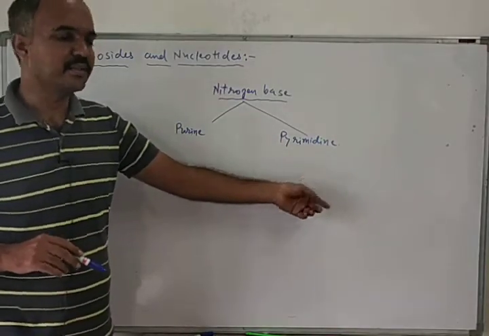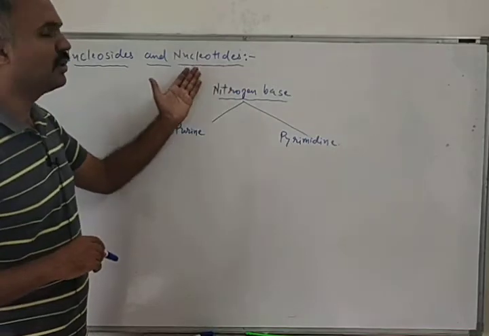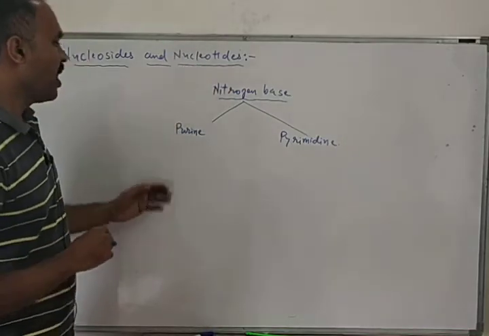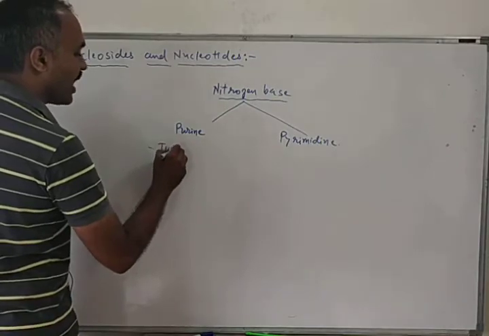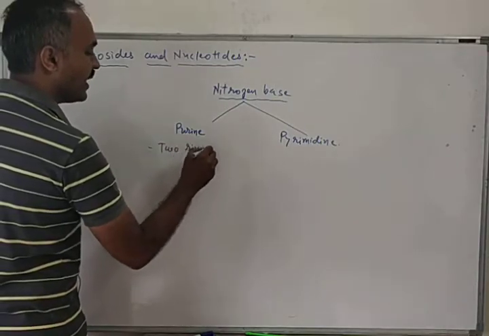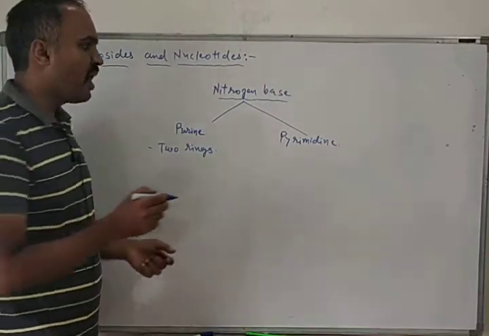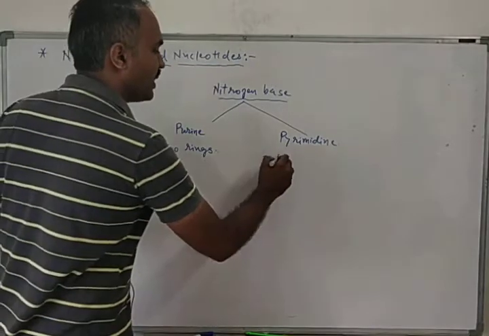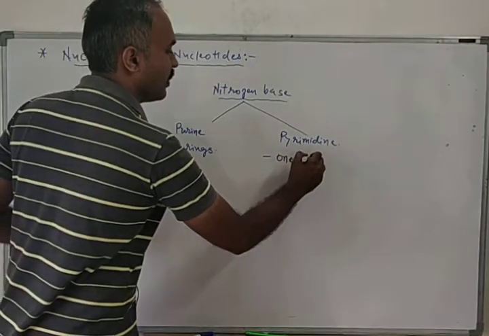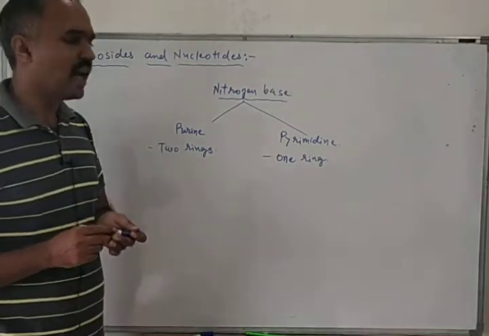Purine nitrogen bases have two heterocyclic rings in their structure, whereas pyrimidine nitrogen bases have only one heterocyclic ring, so they are known as pyrimidine.